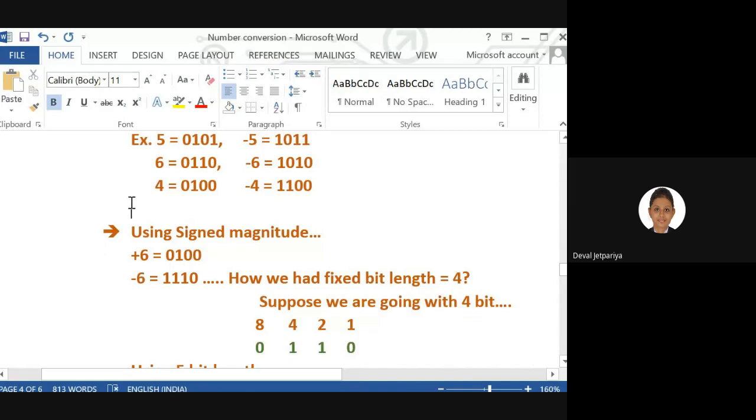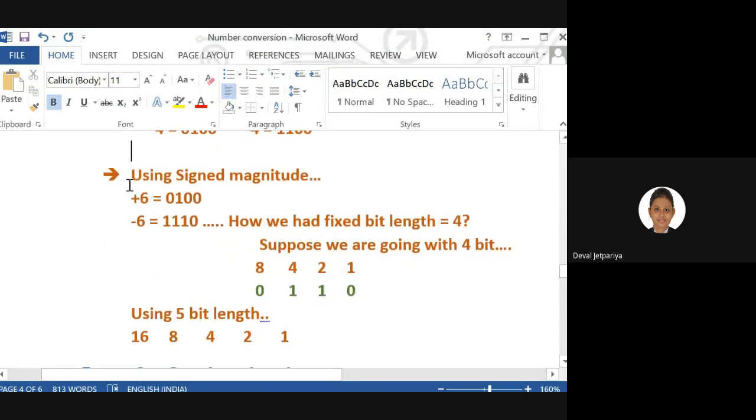Now, this is how we can represent a negative number, right? Just for your information, suppose we use a sign bit, as we know. The first bit we need to reserve to represent the sign. If it is positive then 0, if negative then 1.